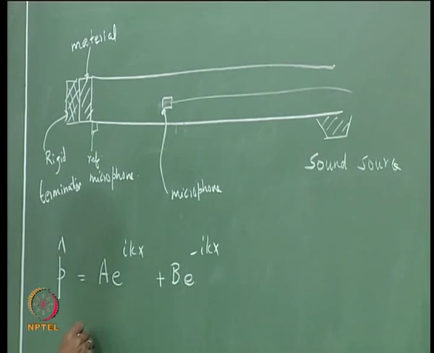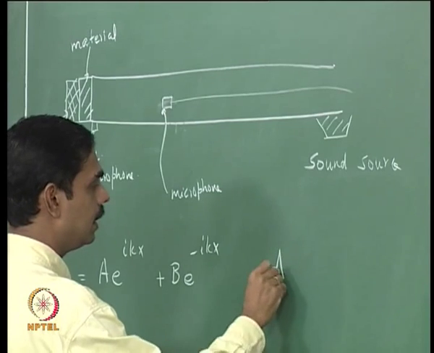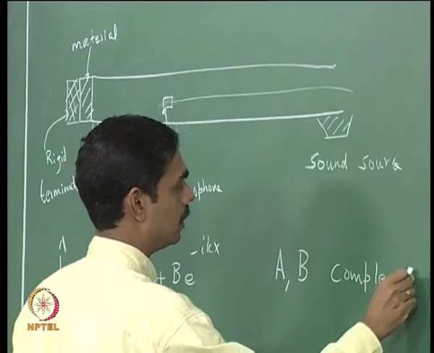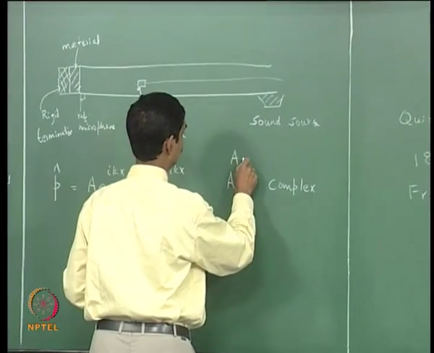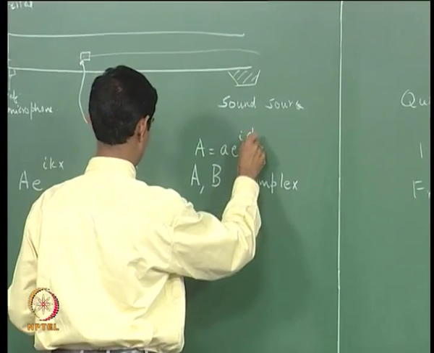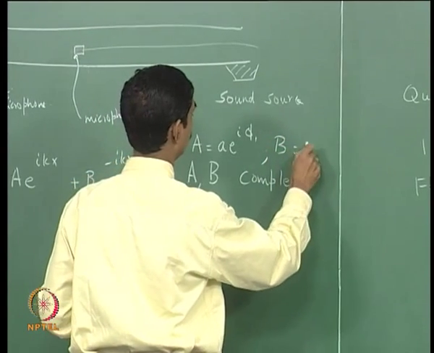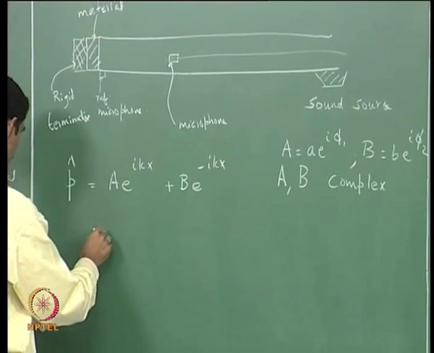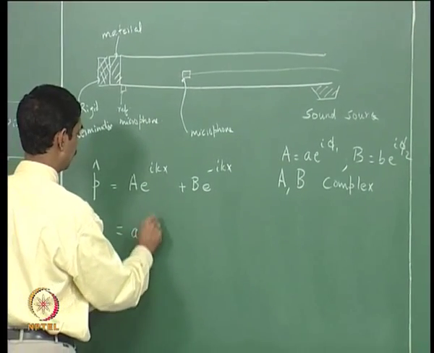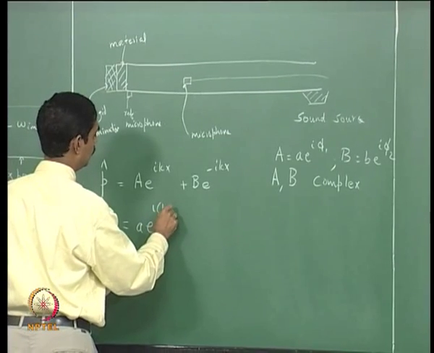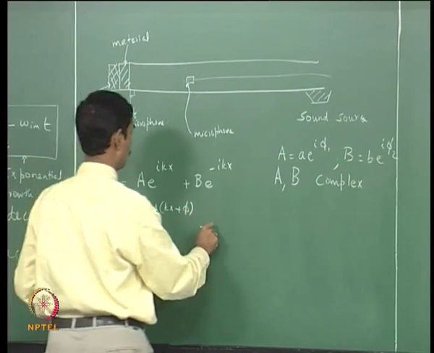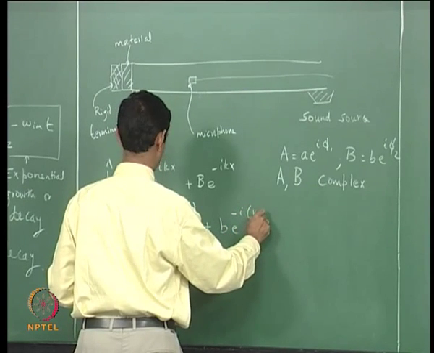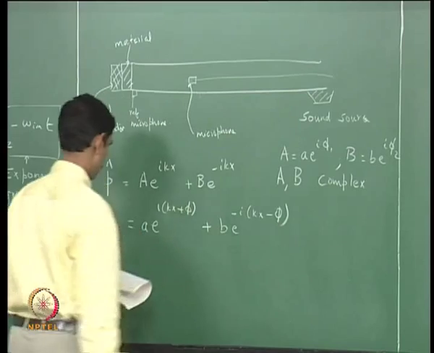So we can say that in general A and B are complex. So you can say A equal to A e power i phi 1, B equal to B e power i phi 2. If you put that in here, you will get A e power i times (kx plus phi 1) plus B e power minus i times (kx minus phi 2).